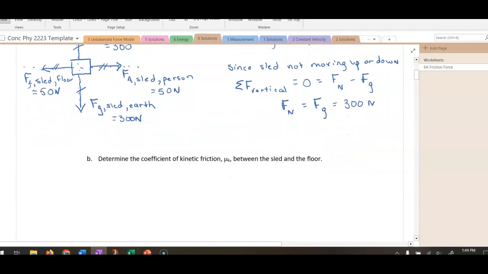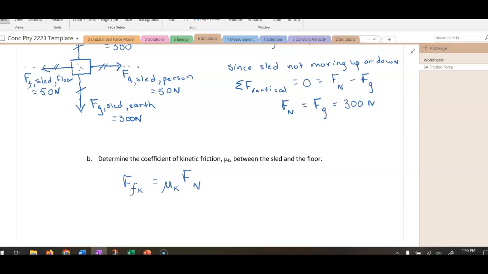So now it's asking me to find the coefficient of kinetic friction between the sled and the floor. So I'm going to start by writing the relationship between the kinetic friction force and the normal force. The kinetic friction force equals the coefficient of kinetic friction multiplied by the normal force.